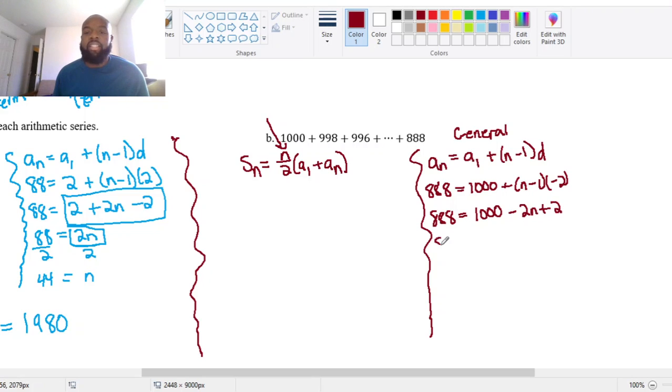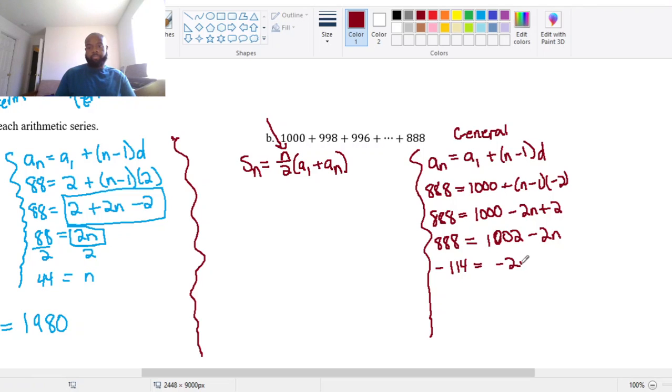My general term is given by 1002 minus 2n. If I subtract 1002 from both sides, I get negative 114, and if I divide both sides by negative 2, I get n equals 57.